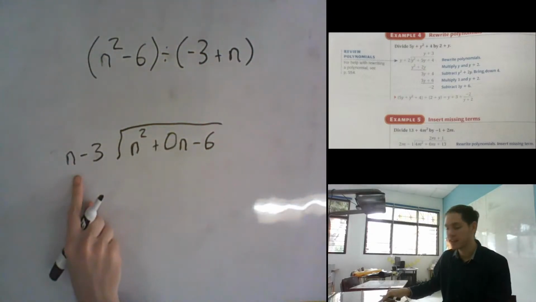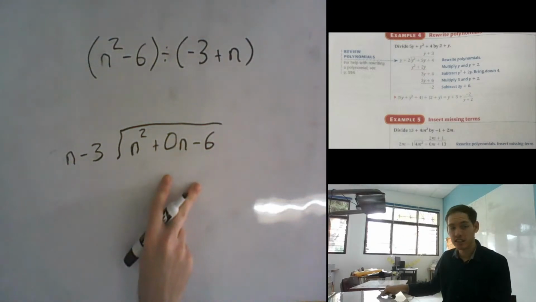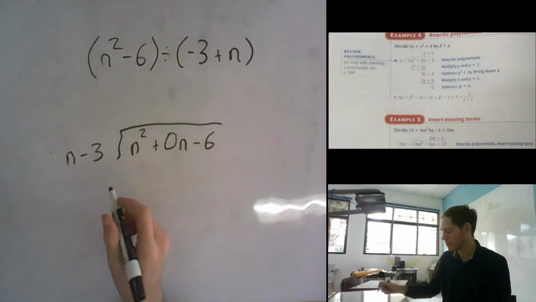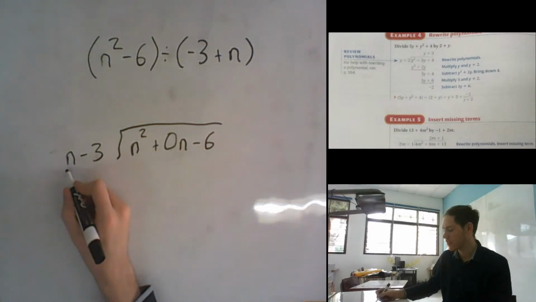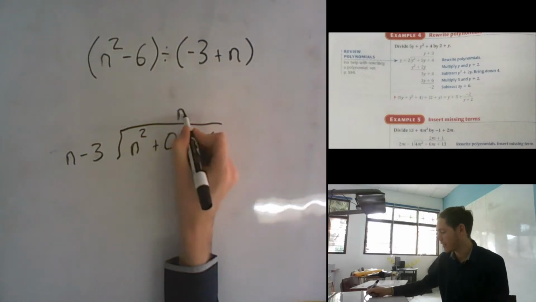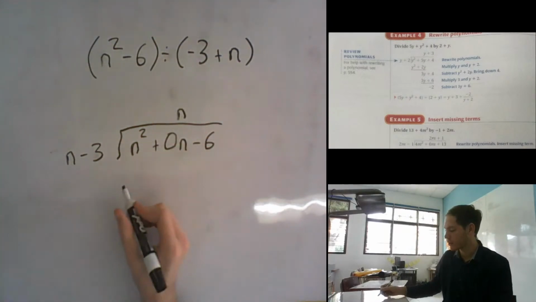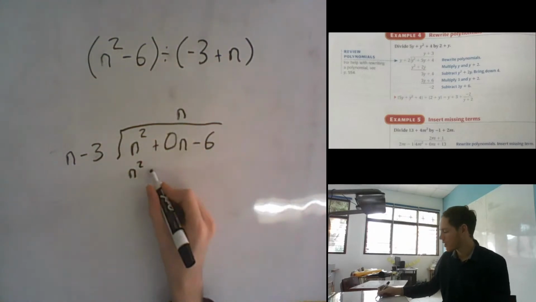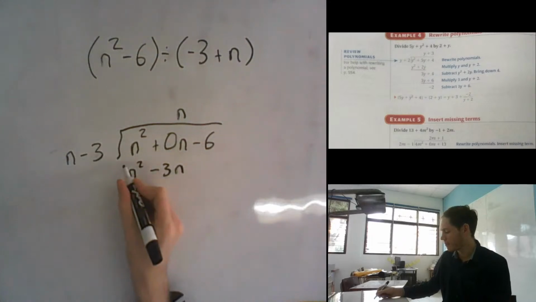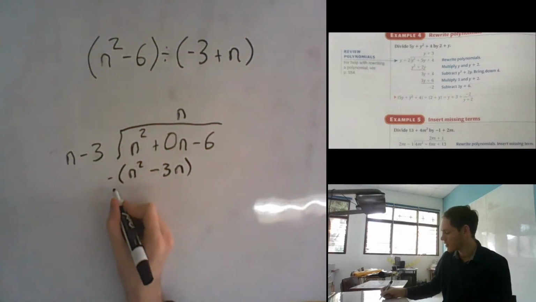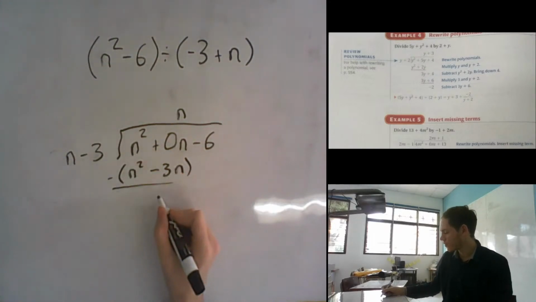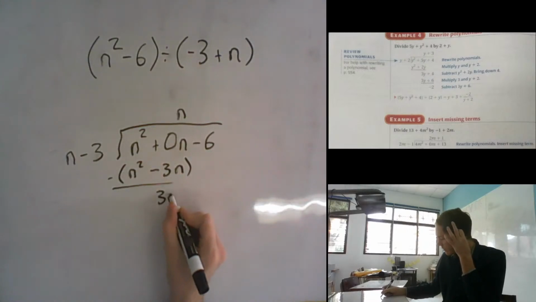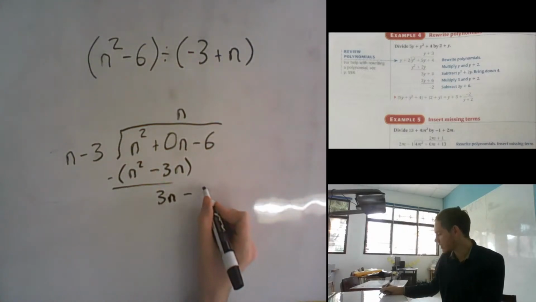So we're putting in n minus 3 here, dividing it. n squared divided by n is just n. Multiply n times n minus 3, we get n squared, and negative 3n. Subtract this, we get positive 3n minus 6.